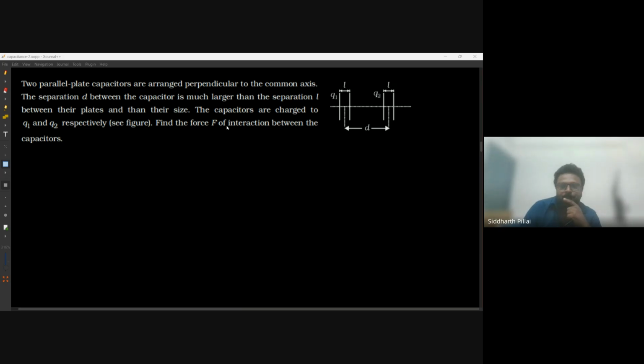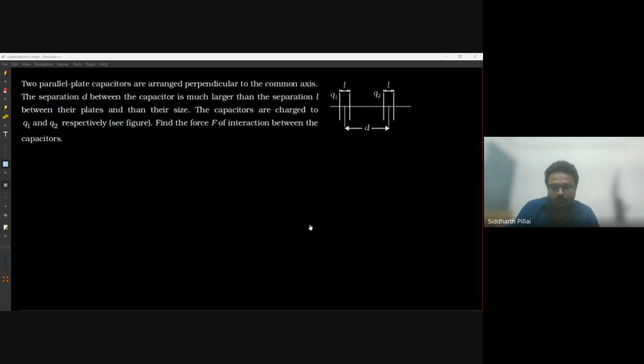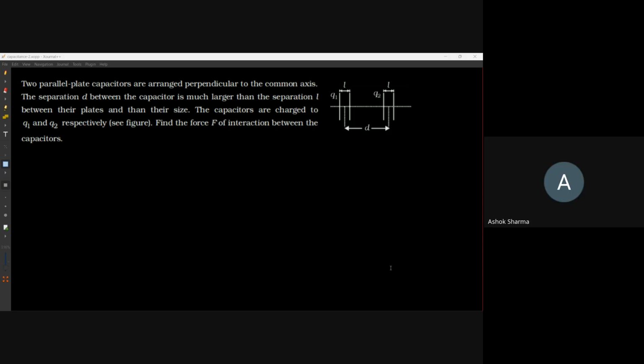Yes, anyone? Okay. Q1, Q2, 2 by D square minus 1 by D minus L, is that? So use the fact that D is much greater than L, right? Yes, sir. I was going to, but I just left without approximating.